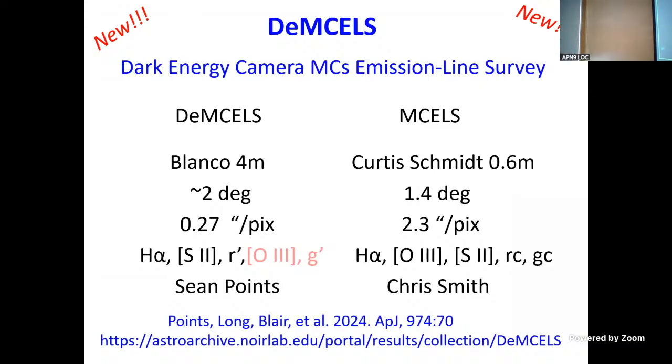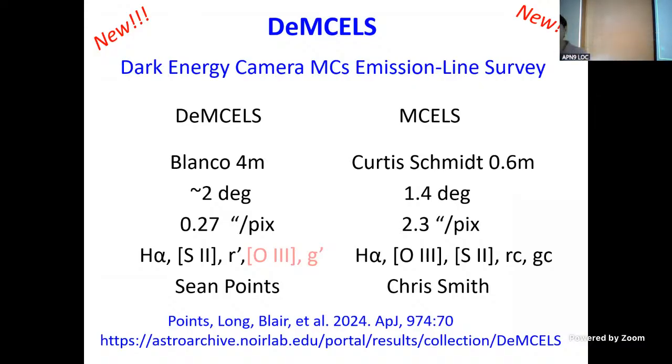The field of view is smaller, and look at the pixel size. DAMCEL has 0.27 arc second per pixel, and MCELS has 2.3 arc second per pixel. Right there, you see the resolution is a lot higher. And the DAMCEL image is really seeing limited, about 1.4 arc second or better. And for MCELS, the pixel size is 2.3 arc second, so seeing doesn't matter.